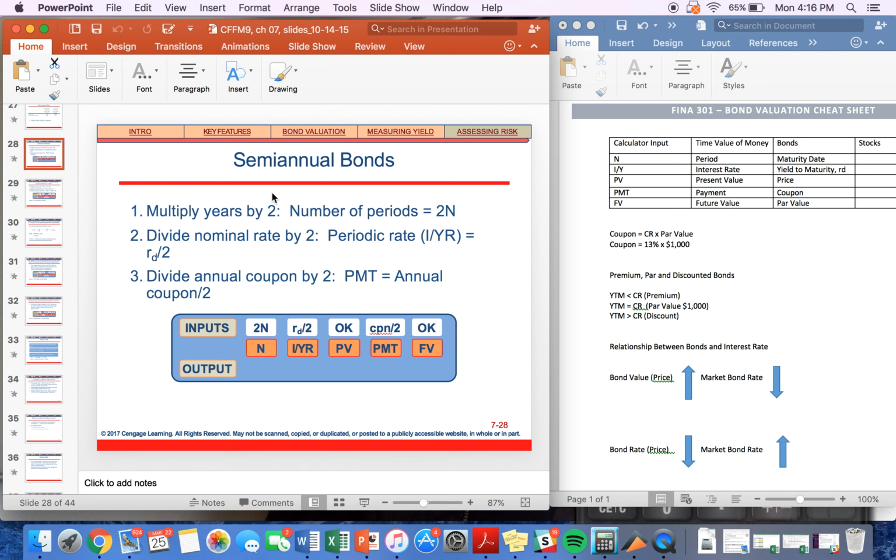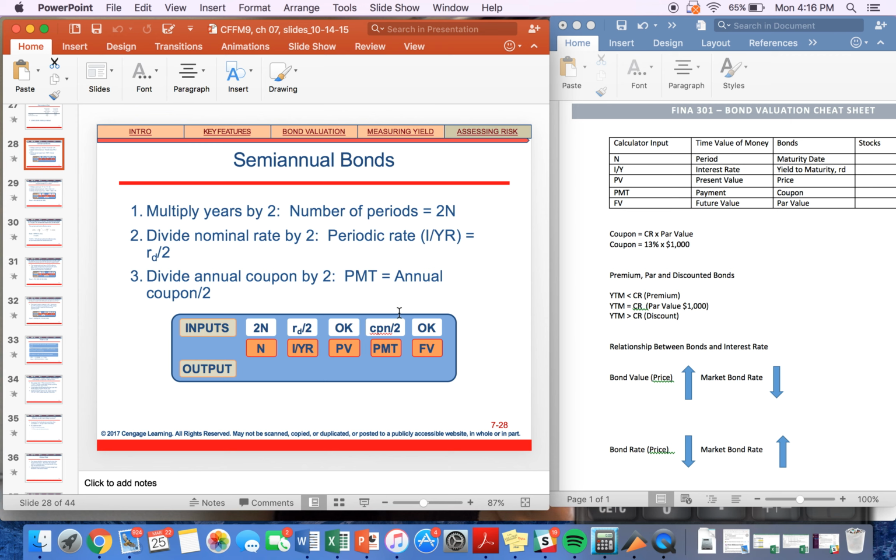Now remember, if it compounds more than annually, we have to divide our rate by whatever that period is. So we would divide our yield to maturity by 2, and we would divide our payment by 2, right? Because it's semi-annual, there are 2 periods within the year.